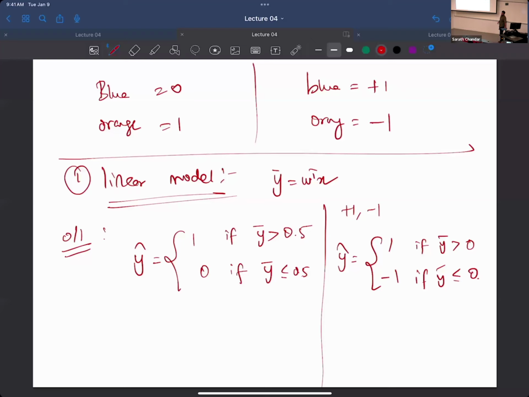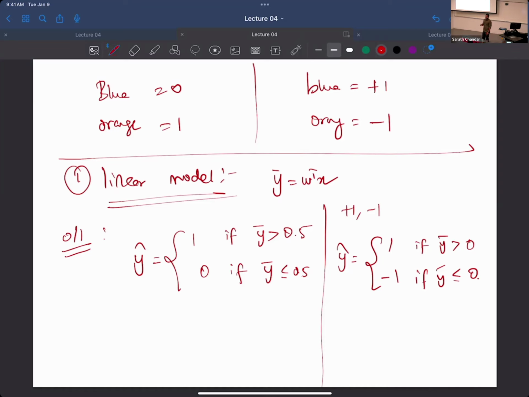So this is a lazy way of doing classification. I already know how to do linear regression, right? So I'm just converting a classification problem into a regression problem. What did I do? I made the targets 0 or 1, or +1 or -1. Now this is a regression problem, and I can just fit a linear model to it.